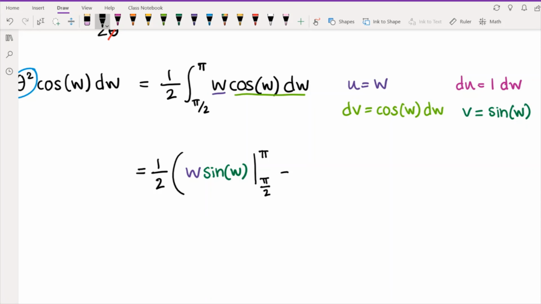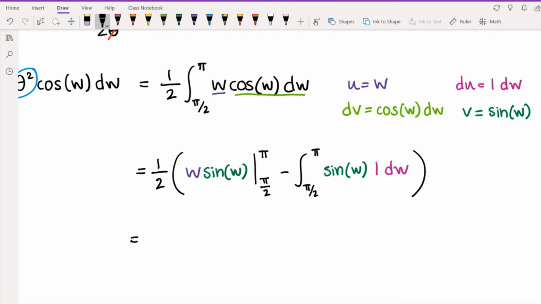And then from that, we're going to subtract the integral from again pi over 2 to pi of du times v. So that's going to be sine of w times 1 dw. Okay, so let's see what this all boils down to.